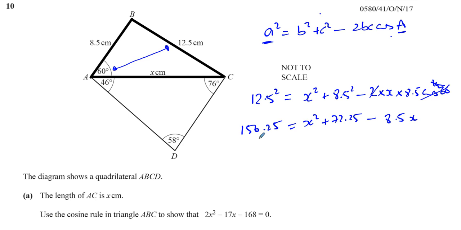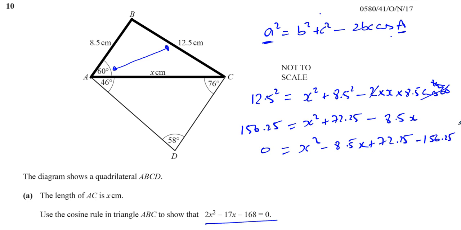We have to just make it look like this. So let's bring everything onto this side, and leave 0 on this side. So you have x squared minus 8.5x, and you've got plus 72.25 minus 156.25.